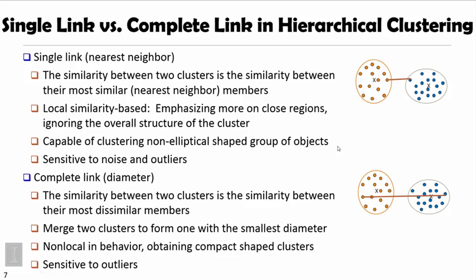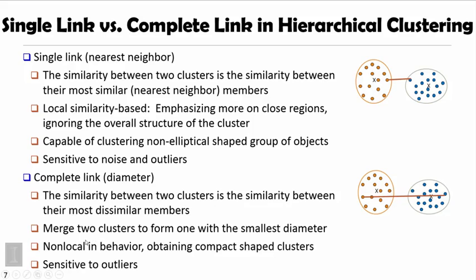Another approach, called complete link, checks the diameter of the cluster. The idea is to define the similarity between two clusters based on their farthest neighbors, that is, the most dissimilar elements in the two clusters. For example, to define the distance between the US and Cuba with complete link, you may pick the farthest point in Alaska, which is pretty far apart.